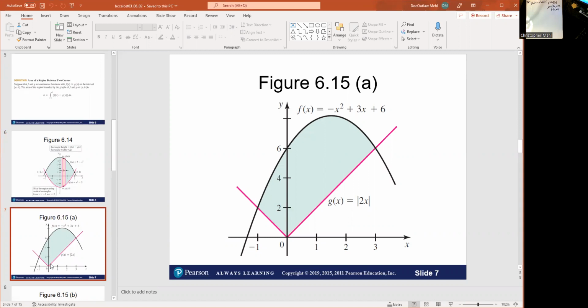But to do this, I'm going to chop it into the piece that's less than 0 and the piece that's greater than 0. For the piece that's less than 0, I need to solve negative x squared plus 3x plus 6 equals negative 2x. And for the piece that's greater than 0, I need negative x squared plus 3x plus 6 equal to positive 2x.